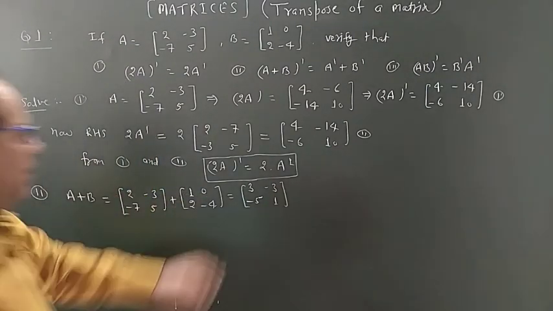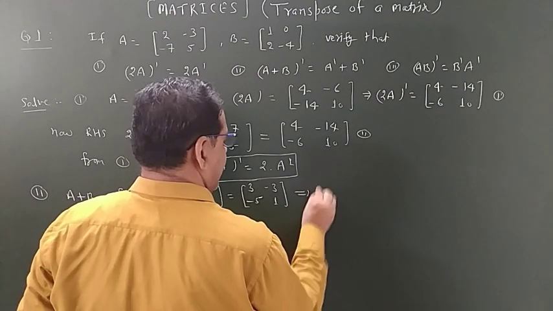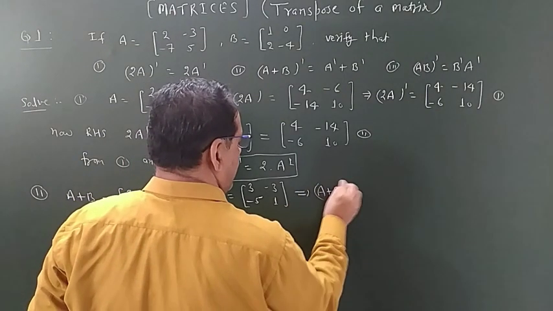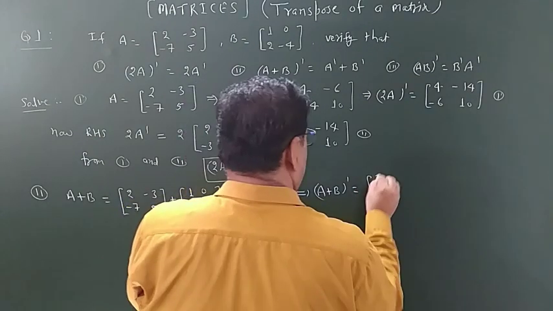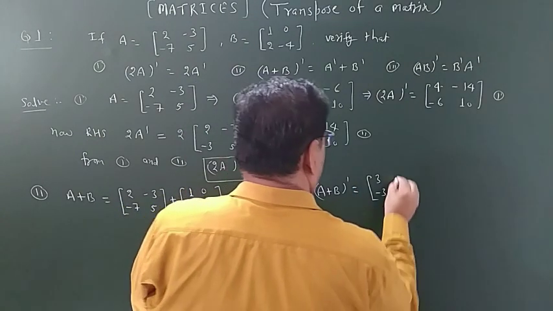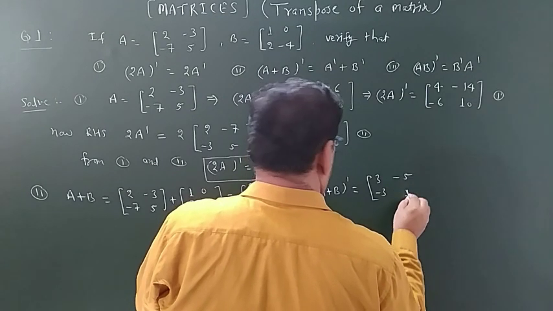This is the value of A plus B. This implies that (A plus B) transpose equals, now interchanging the row and column, 3 -5 -3 1.